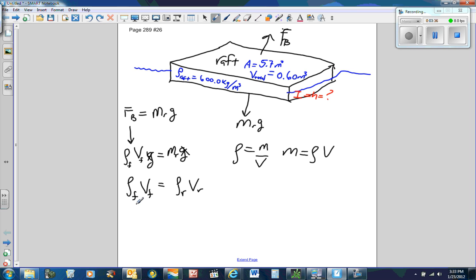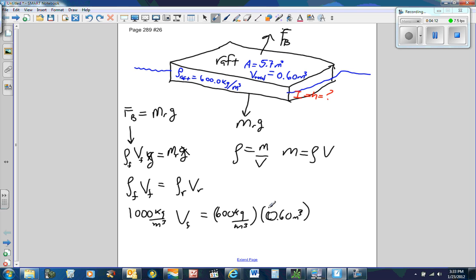All right, so let's put our numbers in. 1,000 kilograms per meters cubed times volume of the fluid displaced, which we don't know, has to equal 600 kilograms per meters cubed times volume of the raft, which is 0.60 meters cubed.